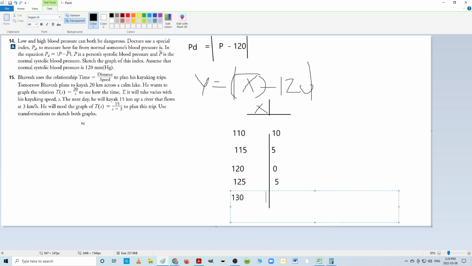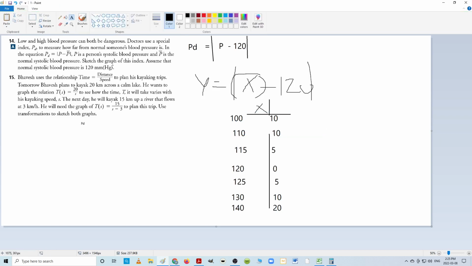It's going to be 10 apart, and 140 is going to be 20 apart, and so on. And up above, I can do the same thing. 100 is 10 apart, which means that, like I suspected, if I'm going to graph this graph, way over here is the vertex, and I'm going to discover it's this value.